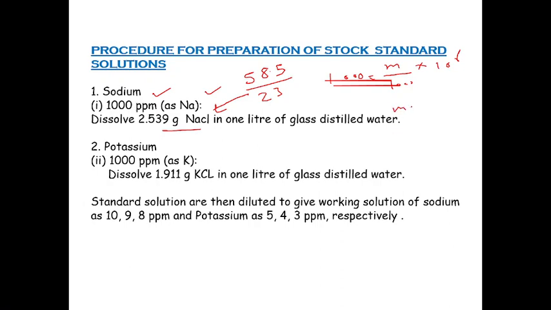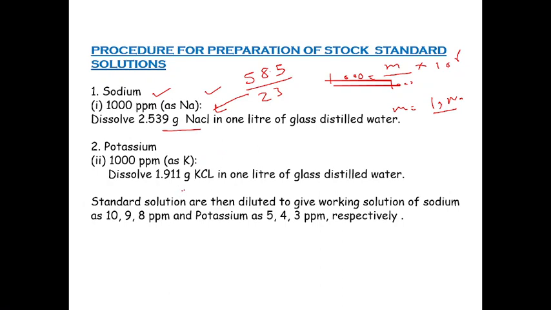Okay, so you will see that the mass will come to 1 gram. So for a 1000 ppm solution of sodium, you have to take 1 gram of sodium, and 1 gram of sodium will come from 2.539 gram of NaCl. So if you take this much NaCl and make up the volume to 1 liter, you will have a 1000 ppm solution.